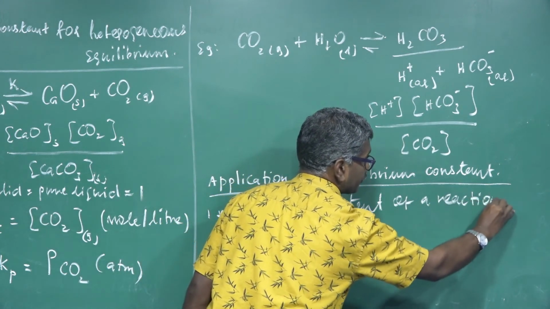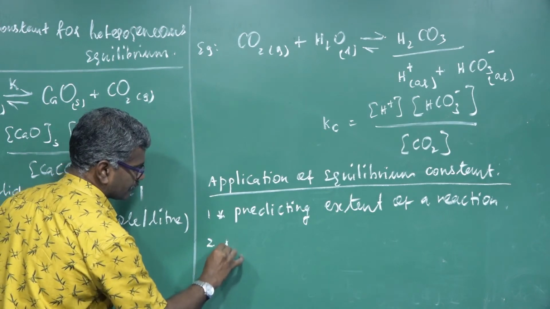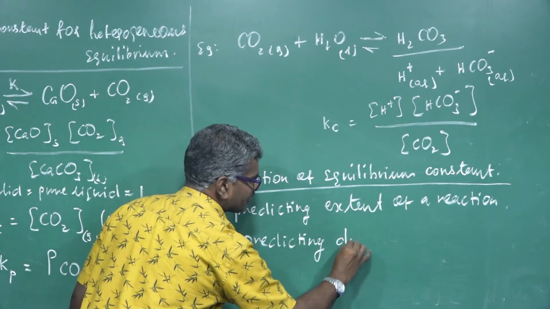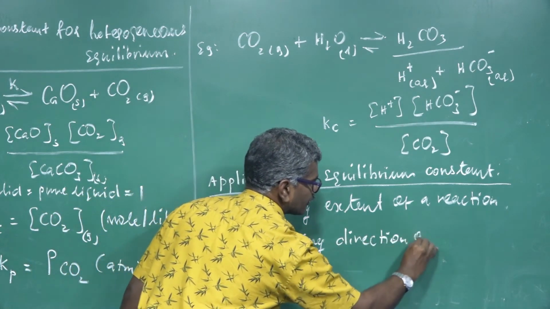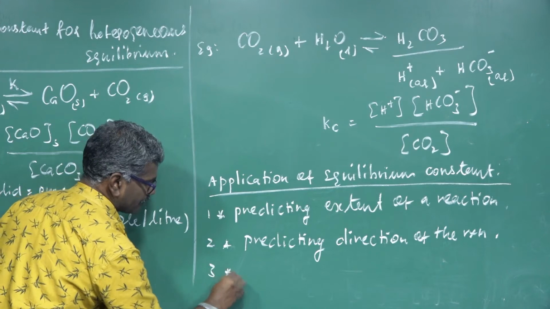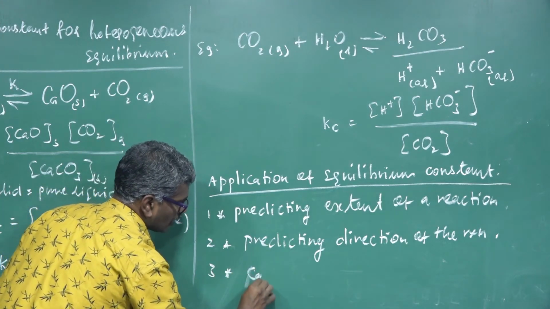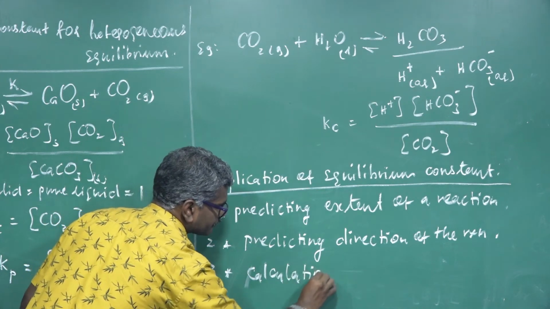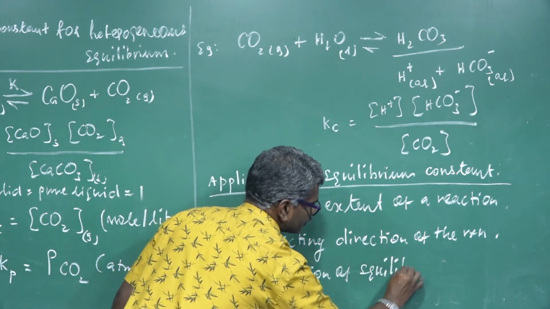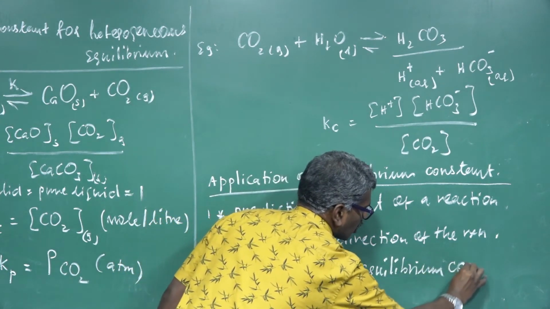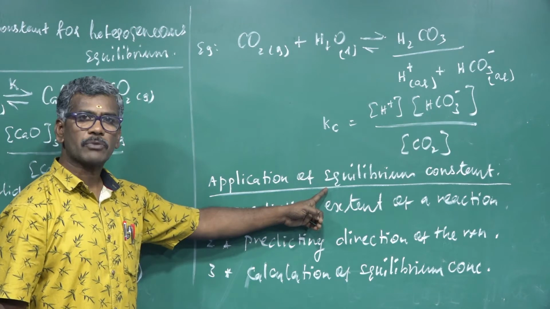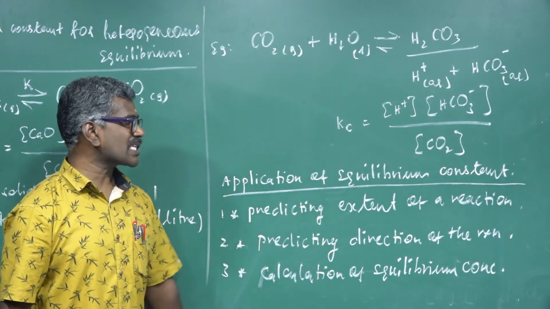Point number 2, predicting the direction of the reaction. Point number 3, predicting or calculation of equilibrium concentration. These are the 3 applications of equilibrium constant. What is the first one? Predicting the extent of the reaction.